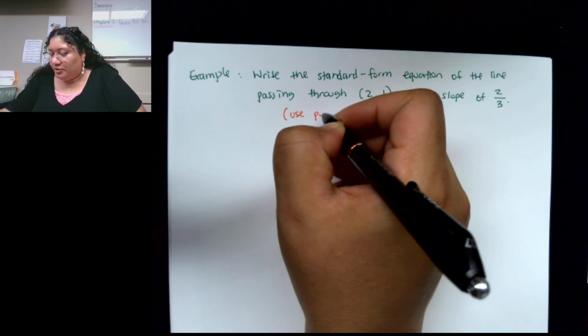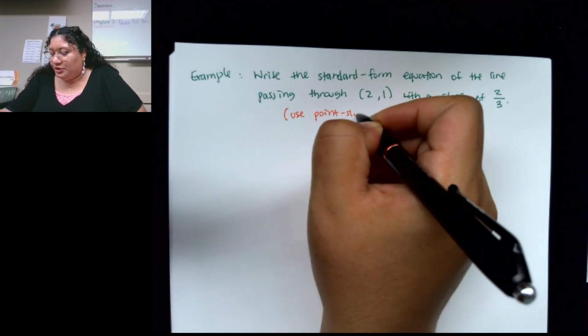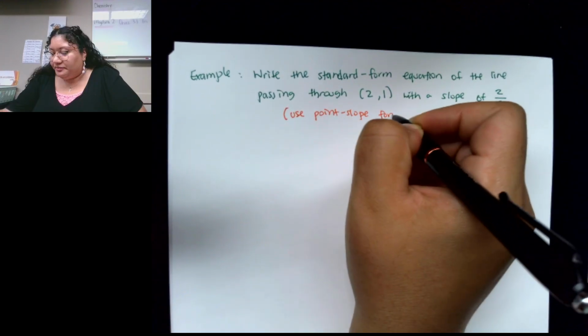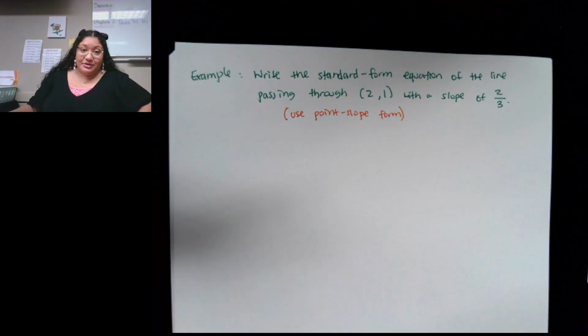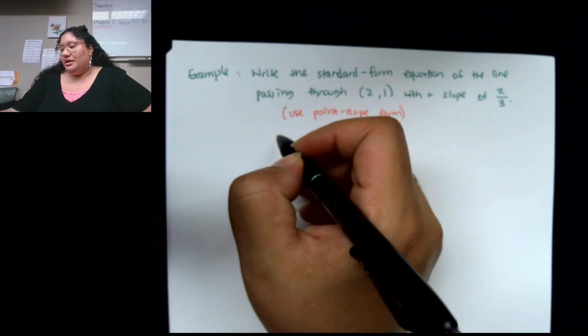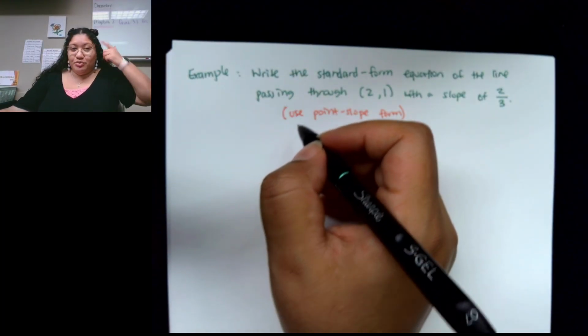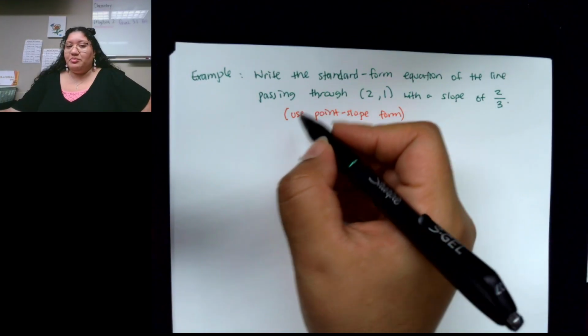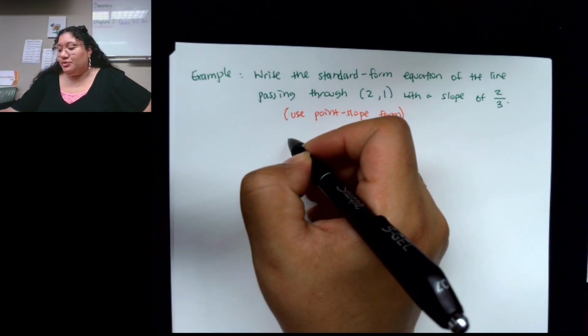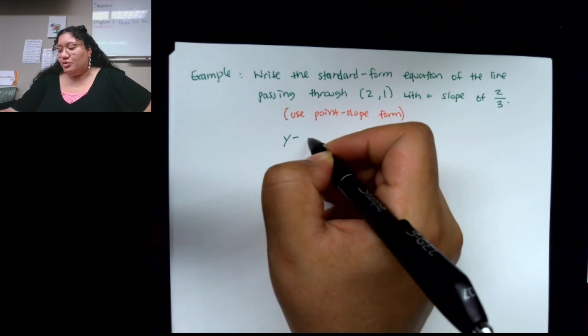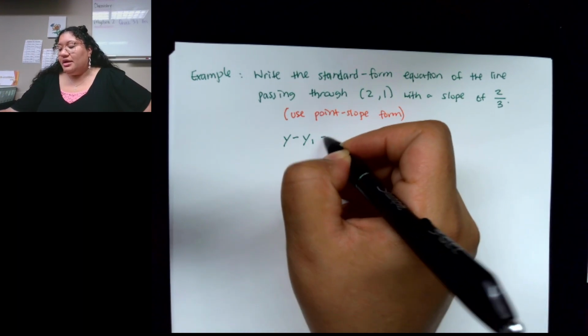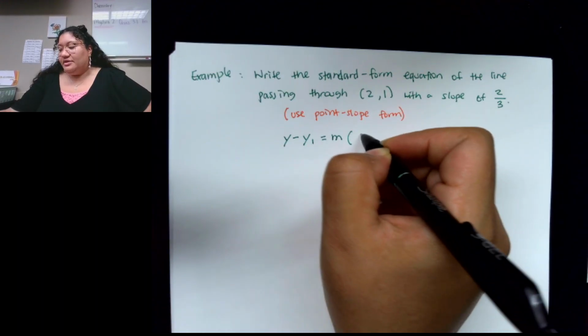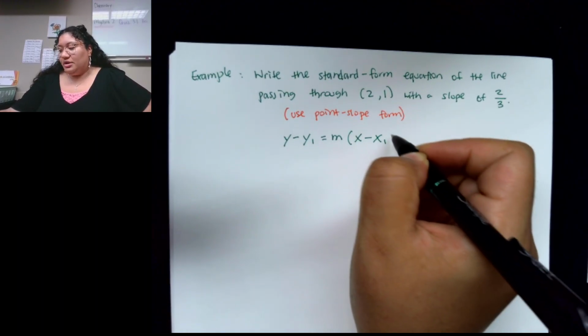Use point-slope form. I know you guys don't have it memorized yet, but let's start trying to get it into our brain, more for recognition. Remember, I give you the equations, but this is so that you remember which one's which. So y minus y1 equals m(x minus x1).